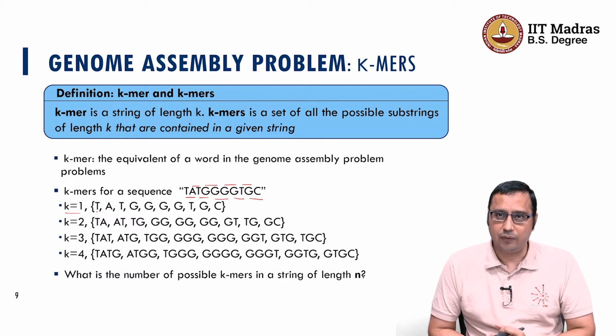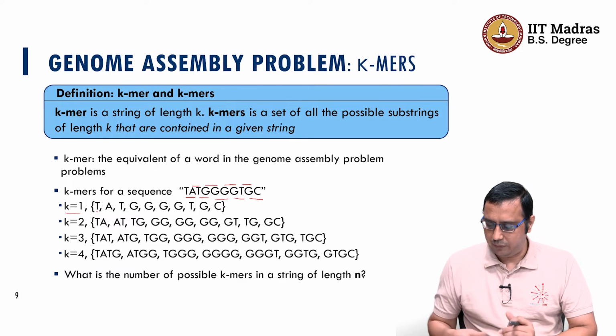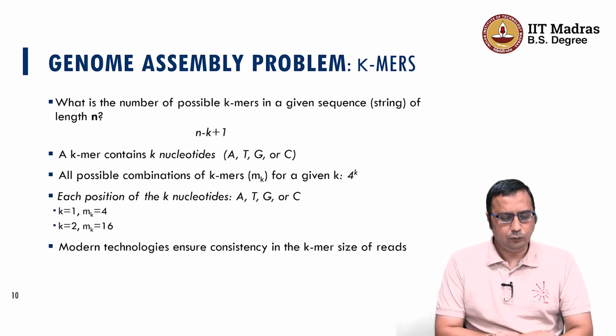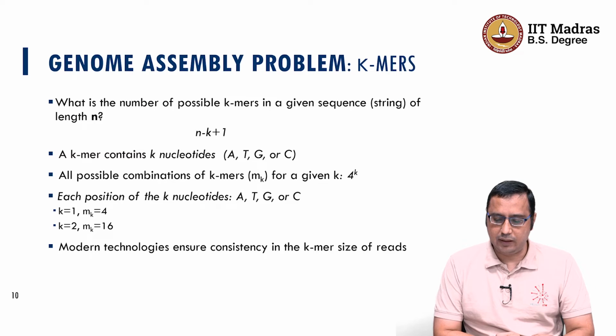Now, a very interesting question to ask is: what is the number of possible k-mers in a string of length n? That we will see in a while. The number of k-mers in a given sequence or string of length n is n minus k plus 1.